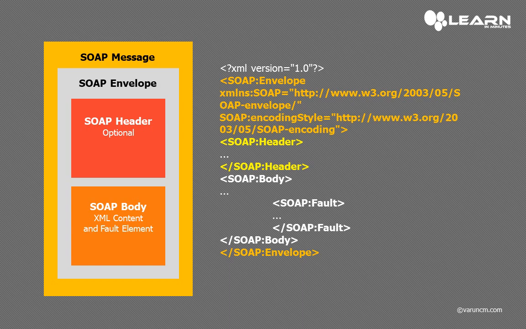So these are the two important parts which are available, header and the body. As we have seen, the header will contain the credentials or any other information that you need to provide regarding the message, and the body contains the actual message along with the fault. This fault will be present inside the body.